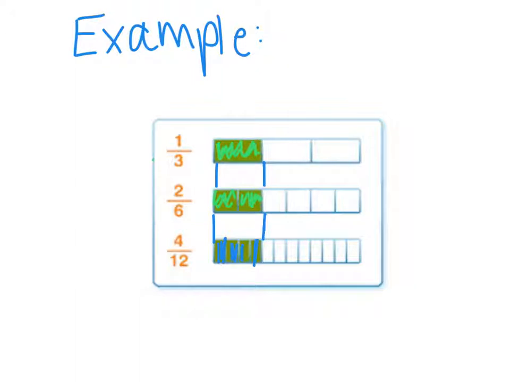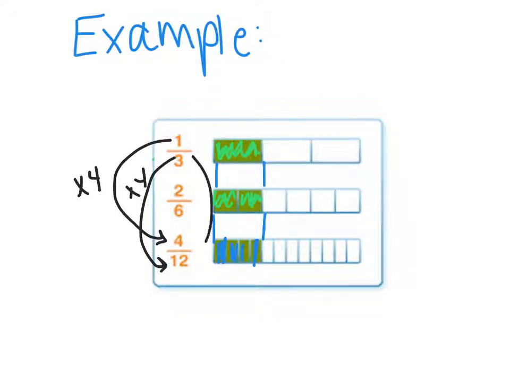To do it mathematically, you can look at either 1/3 or 2/6. I'm going to look at 1/3 and think about how I would go from 1 to 4. I would multiply by 4. That means I have to multiply 3 by 4. 3 times 4 is 12. So once again, these are equal to one another.